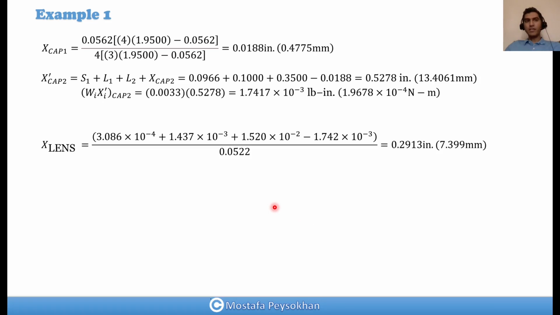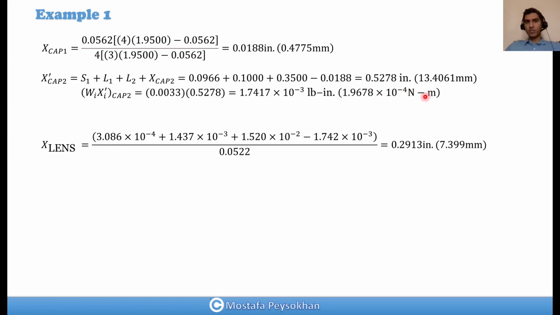And then finally we have x of cap 2, with S1, L1, L2. x cap 2, as I always mention, starts from the plano-convex, and the last surface, the plano-convex side, is attached to L2, so it's a straight distance.